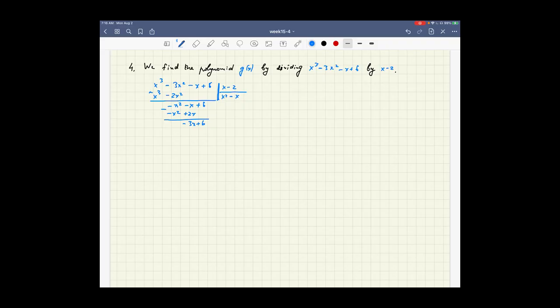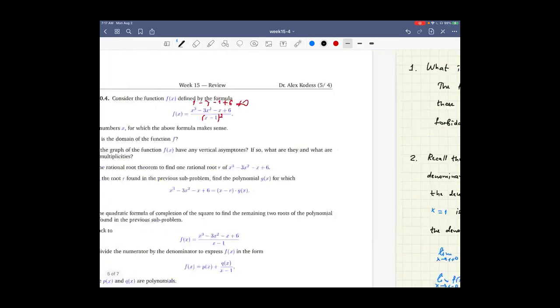And in the last iteration, we divide negative 3x plus 6. Therefore, the polynomial g that the problem is talking about is simply x squared minus x minus 3. So that finishes part 4.